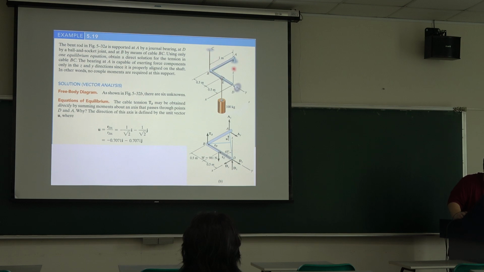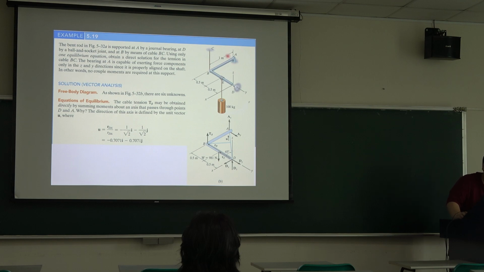The bearing at point A is capable of exerting force components only in the Z and Y directions, since it is properly aligned on the shaft. In other words, no couple moments are required at this support.